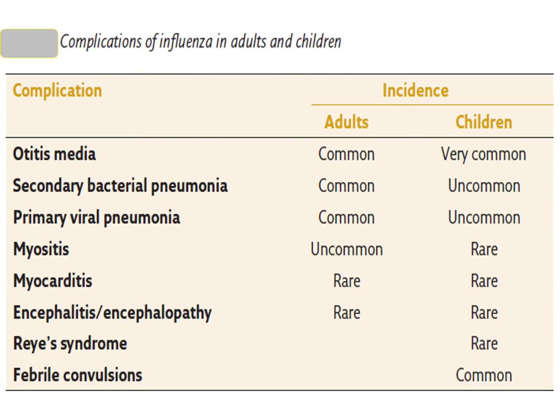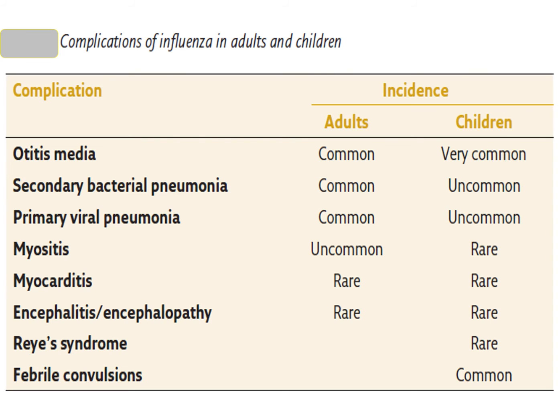Complications of influenza in adults and children. In children, the commonest are otitis media, secondary bacterial pneumonia, and primary viral pneumonia. In adults, also otitis media, secondary bacterial pneumonia, primary viral pneumonia, and less commonly myositis. The others are rare.